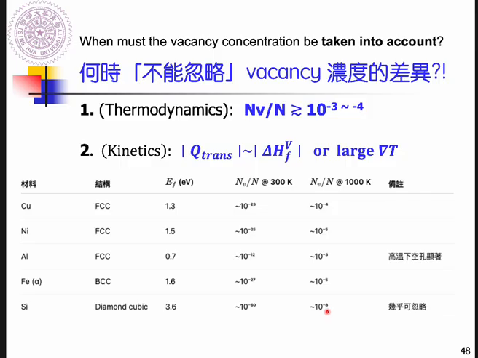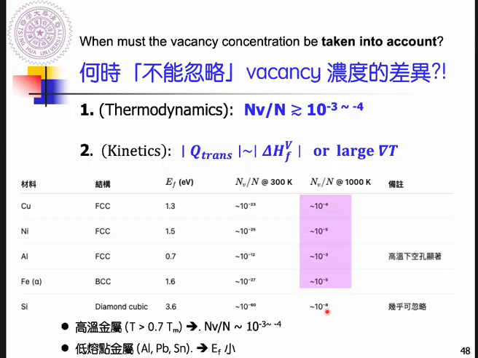So under these situations, you cannot ignore the vacancy mediated effect. Okay, so I'm giving you a short summary here. For high temperature metals, as long as the atomic fraction goes up to 10^-3 to 10^-4, you cannot ignore vacancy concentration.